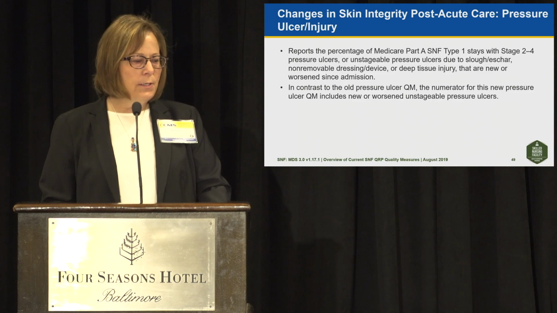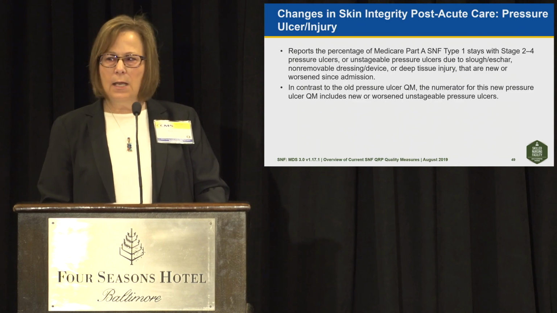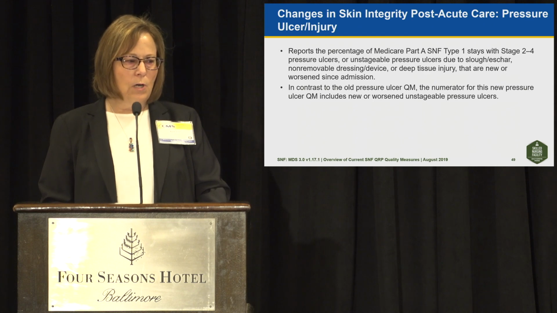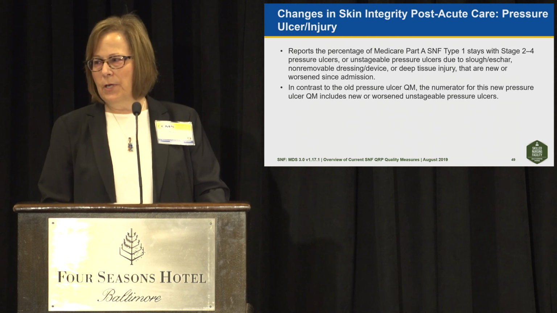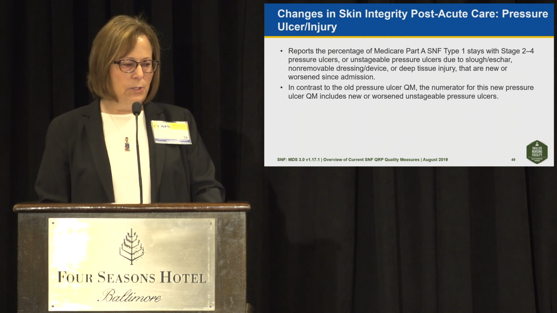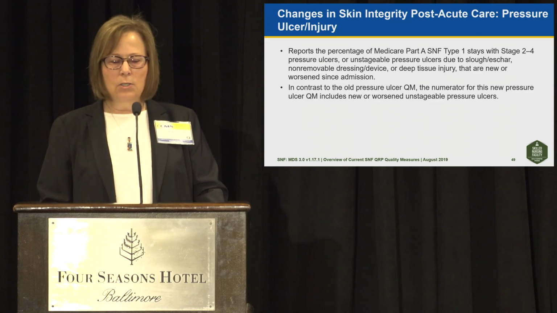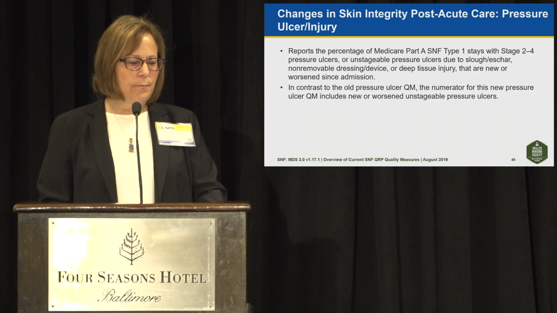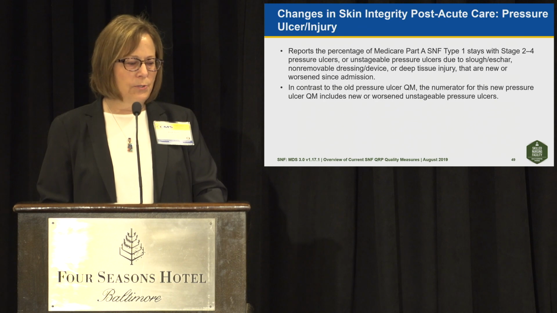The measure reports the percentage of Medicare Part A Type 1 SNF stays with stage 2 to 4 pressure ulcers or unstageable pressure ulcers due to slough, eschar, non-removable dressing device, or deep tissue injury that are new or worsened since admission. In contrast to the old pressure ulcer quality measure, the numerator for the new pressure ulcer quality measure includes new or worsened unstageable pressure ulcers or injuries.